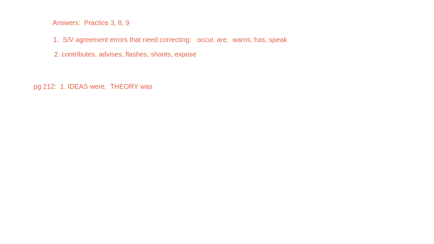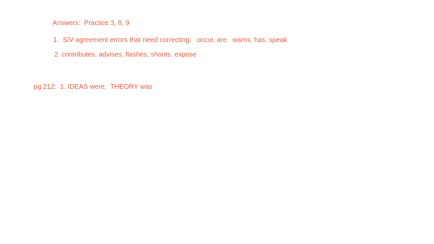So we're supposed to underline, in practice 8, we need to underline the subject and then write or circle the correct verb conjugation. So on my screen, I cannot underline things, so I'm just putting it in all capital letters. So number 1, you need to underline ideas.